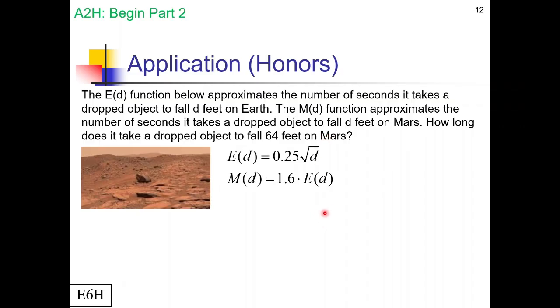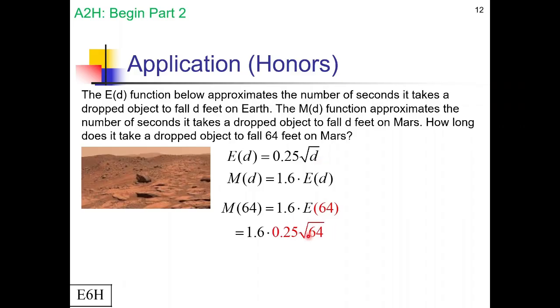So let's see how it went. This problem is actually one you could have done if you knew zero about transformations or next to zero about radicals, but it's a cool real-life problem. So if we're plugging 64 into the m function, that means we're doing 1.6 times e of 64. And that really means we're doing 1.6 times 0.25 times the square root of 64.